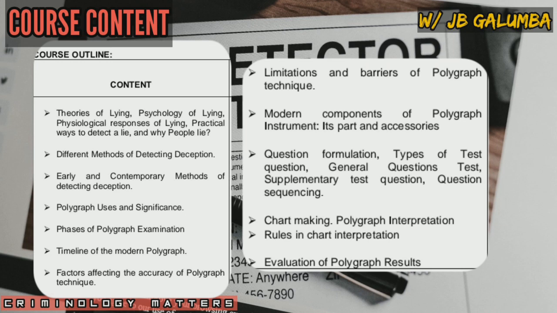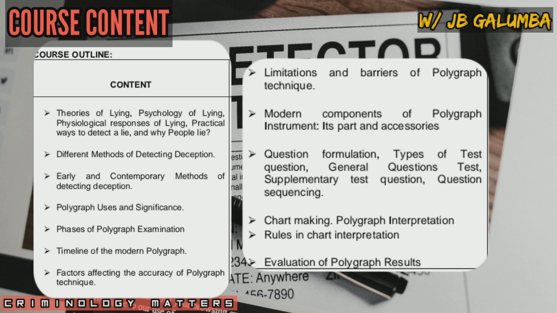So it's not like in the movies or TV shows wherein the host or the person will ask a question, then the lie detector will try to analyze the result and so on. There's a lot of process, a lot of circumstances that we should take into consideration before we could get a reliable result. So that's the thing that we should be talking about under the phases of polygraph examination.